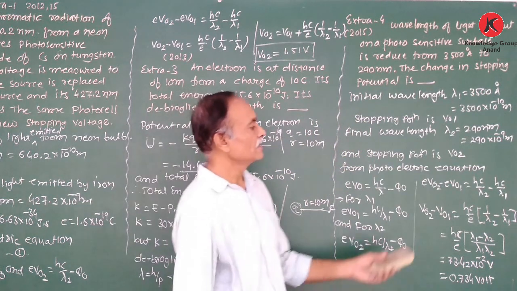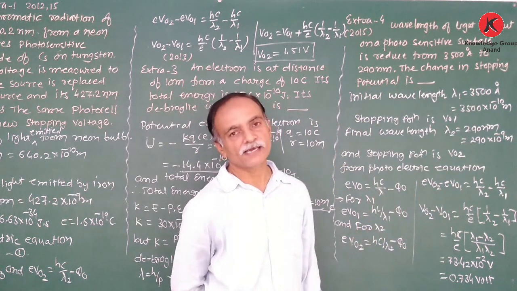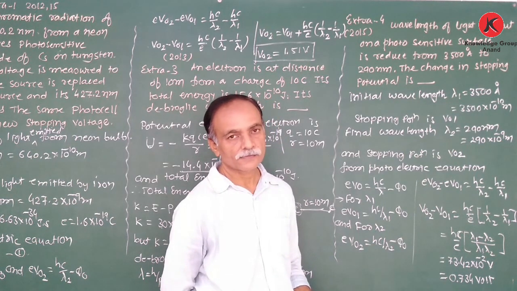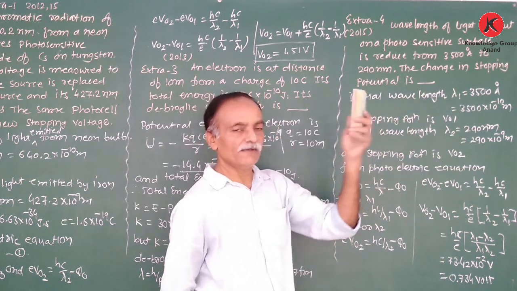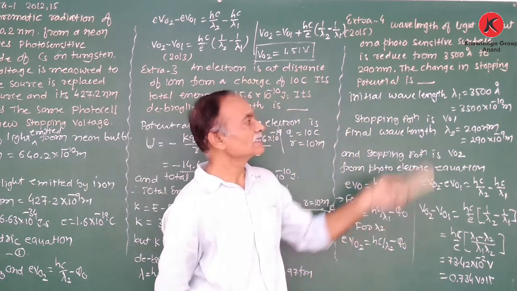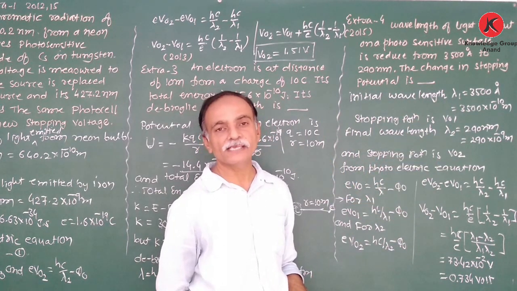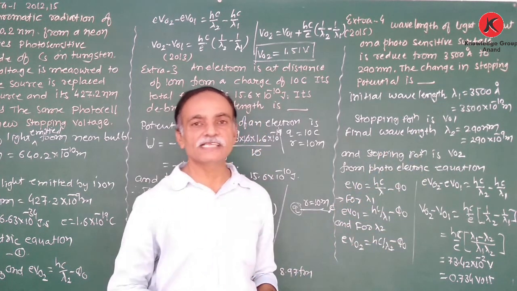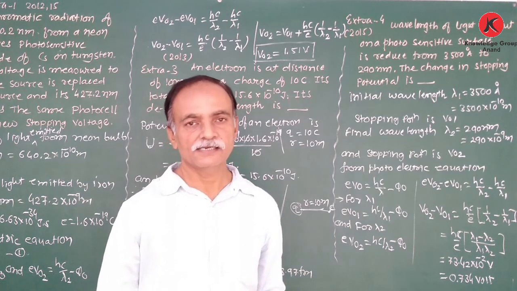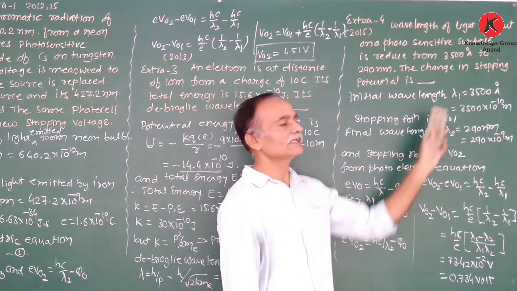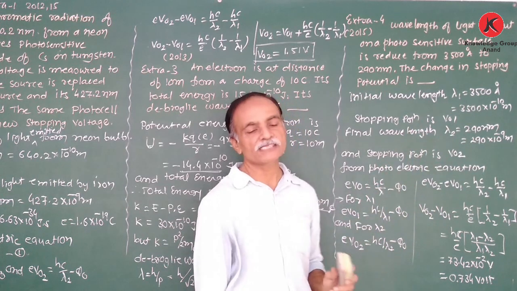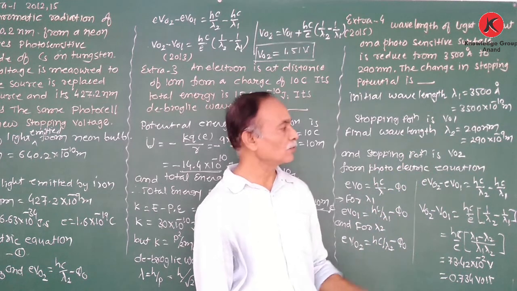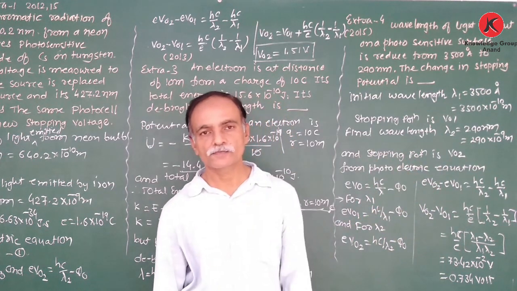Clear? Generally this type of long numerical asks for long calculation. Again, the initial wavelength is given as 3500 angstrom, and this wavelength is reduced to 290 nanometer. Therefore lambda 1 and lambda 2 are given, and we have to find the change in stopping potential. For that purpose, we assume that when the wavelength is lambda 1, the stopping potential is V01, and when the wavelength is lambda 2, the stopping potential is V02.